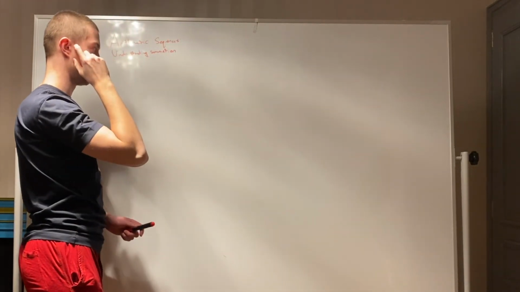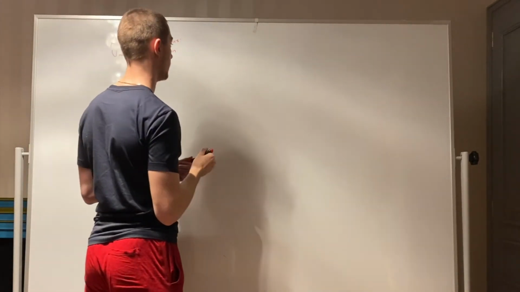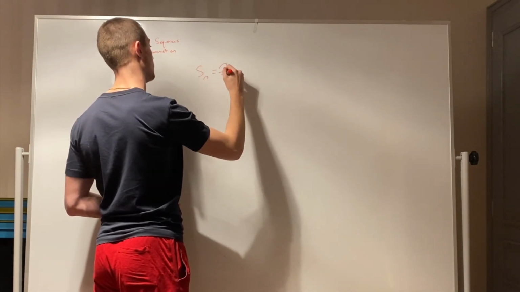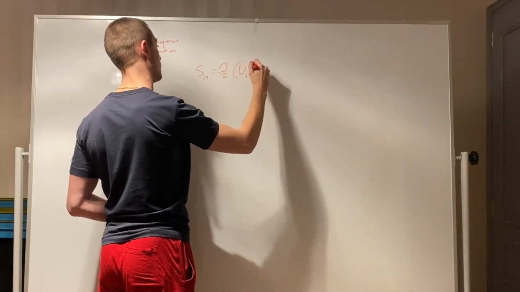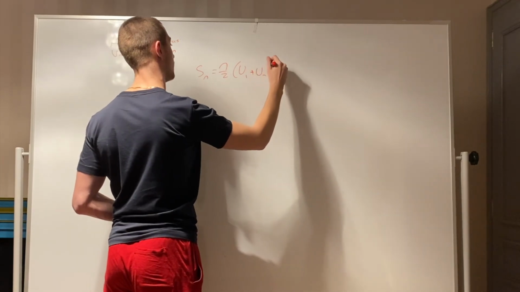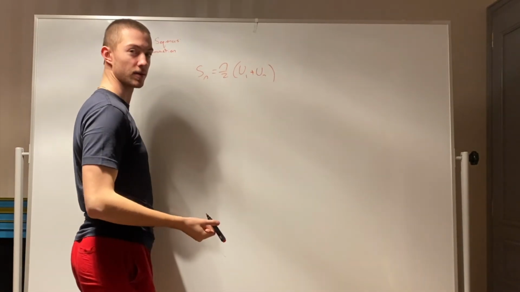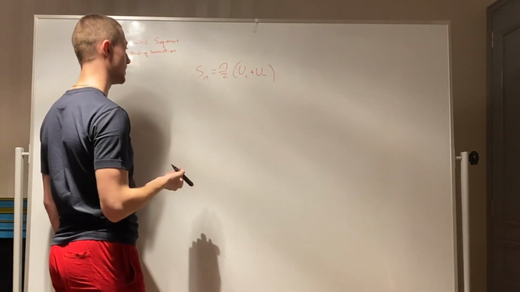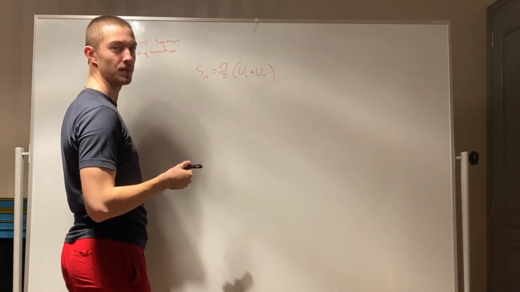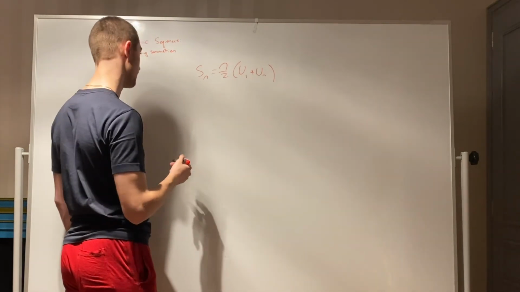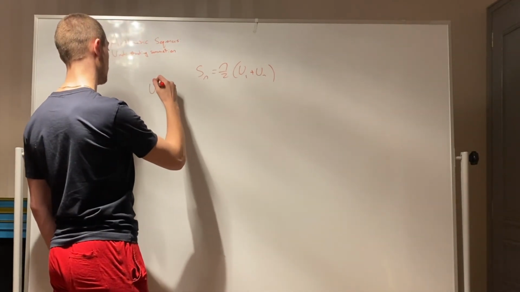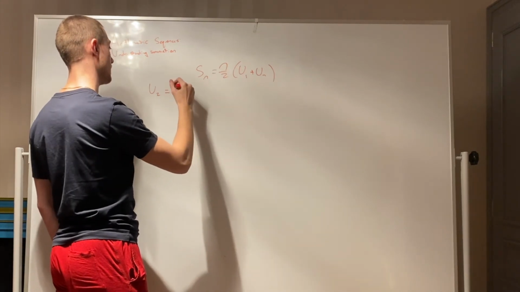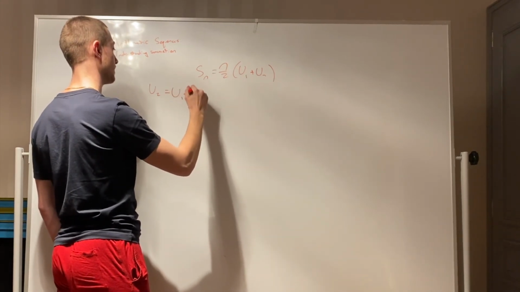Now, we have also shown that the sum of an arithmetic series can be expressed as n over 2 multiplied by u1 plus un. But if we think back as to what an arithmetic series means, an arithmetic series is defined by the fact that every single term has a constant difference, right? So if I want to write u2, I can write that in terms of u1 as u1 plus d.